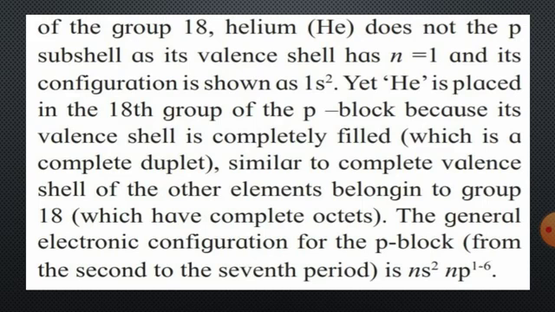Suppose ns2 np1, ns2 np2, ns2 np3, ns2 np4, and so on. So based on the electronic configuration, the general electronic configuration for the p block elements is ns2 np1 to 6. Hope you all have understood this.